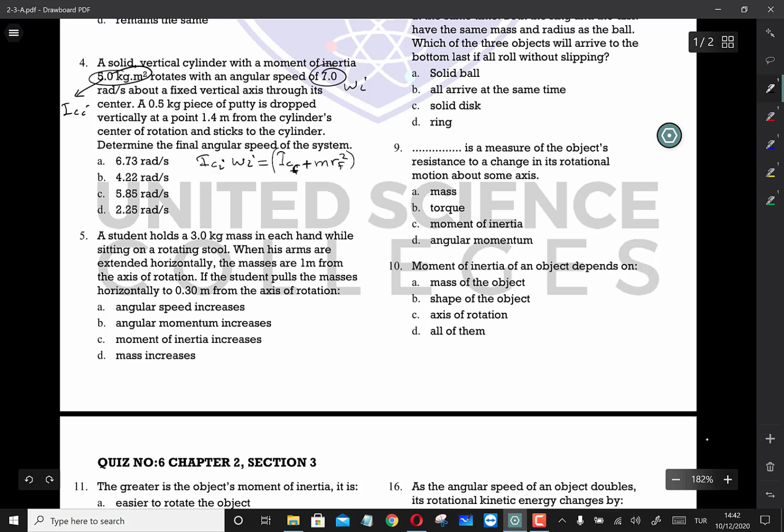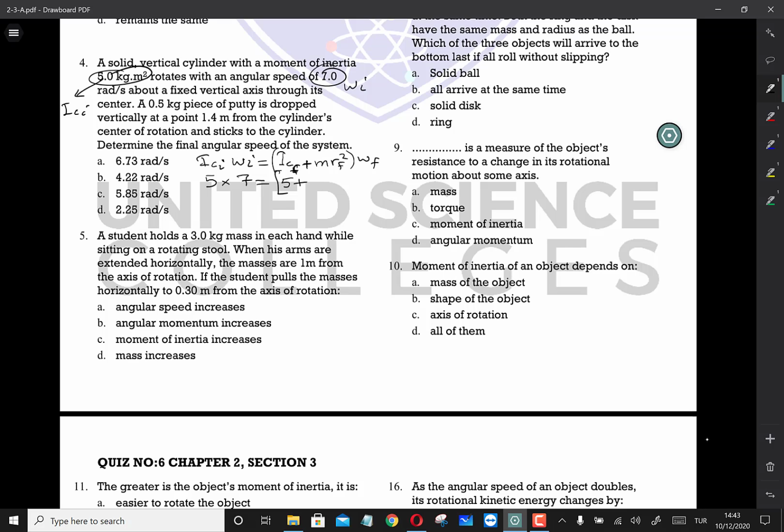This is going to be the total moment of inertia of the system when the putty sticks onto the surface of the cylinder, multiplied by the common speed of putty and cylinder. This is the law of conservation of angular momentum. The moment of inertia of the cylinder is constant because the cylinder is a rigid object. Its moment of inertia is not changing. The initial angular speed is 7. So finally, because the cylinder is rigid, it's still 5 plus, but now we have an additional mass, which is the putty.